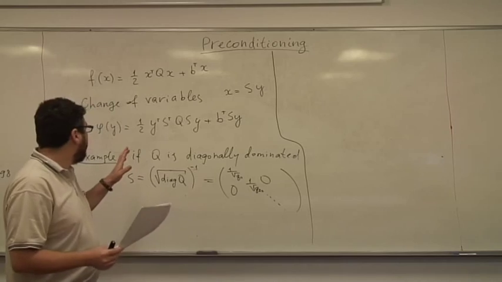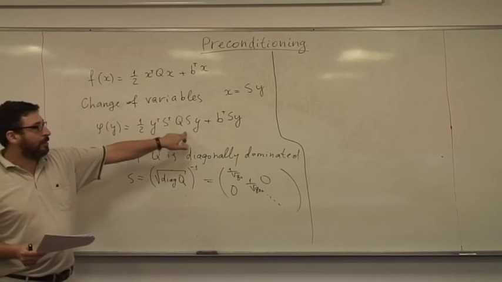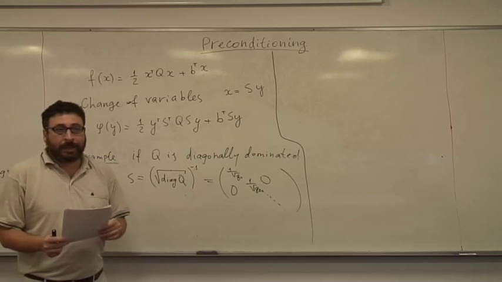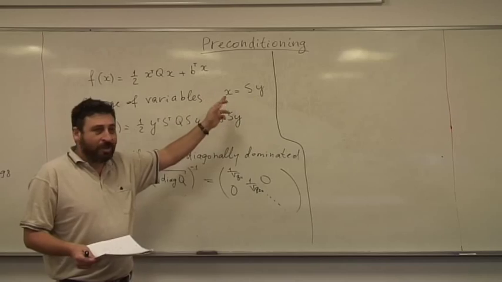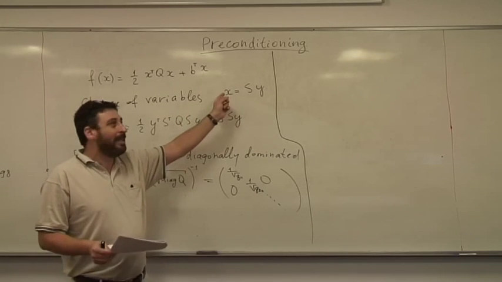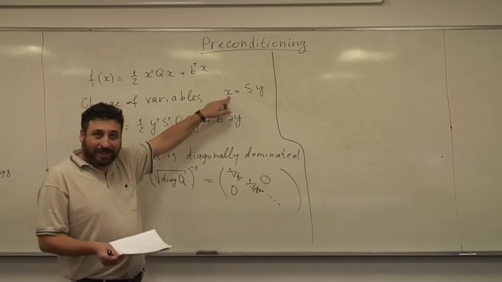So, like I told you, just do your conjugate gradient in Y. But actually, at every iteration, you will get some Y_k, and implicitly you will have X_k.